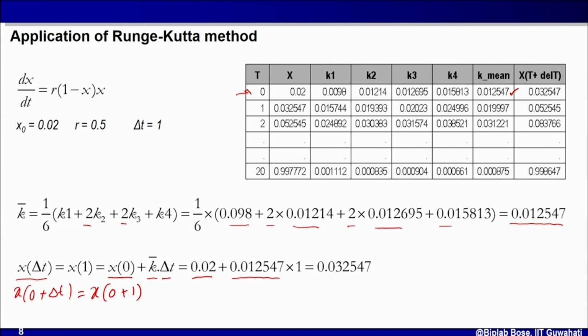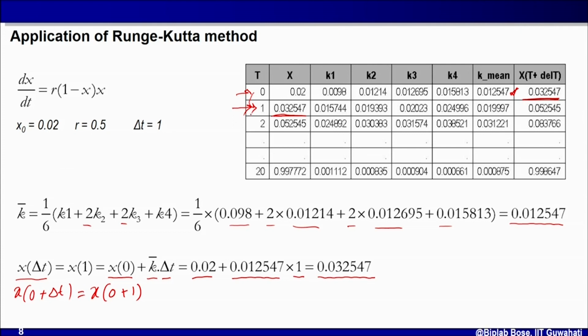The mean slope is 0.012547, which I have calculated here, into the time step. So I get a new value of x, that is 0.03257. So in the table I write, at time 1 the value of x is 0.023547. I have written it here also. So if I see this method, now I have moved from time 0 to time 1 by an increment of delta t equal to 1, using the mean k.